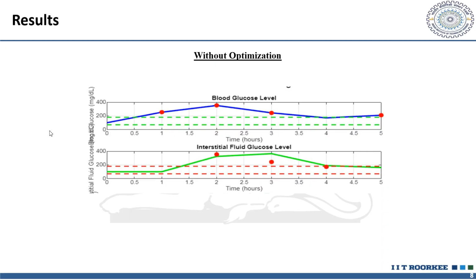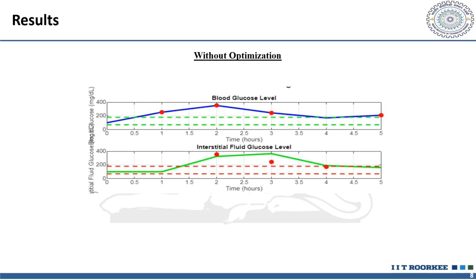Now coming back to the presentation, we have shown this result without optimization. These results are for a normal input without optimization. We can see here that during some part of the day, the blood glucose levels are coming out of the safe range of 70 to 180.